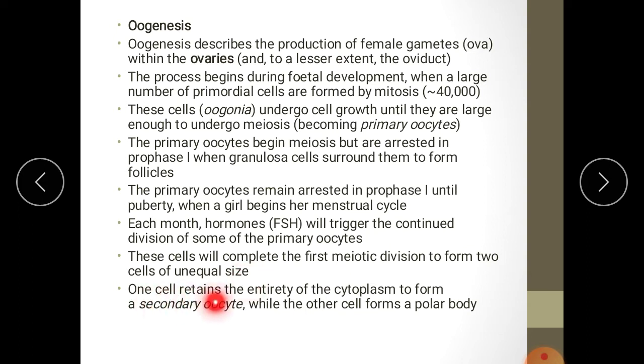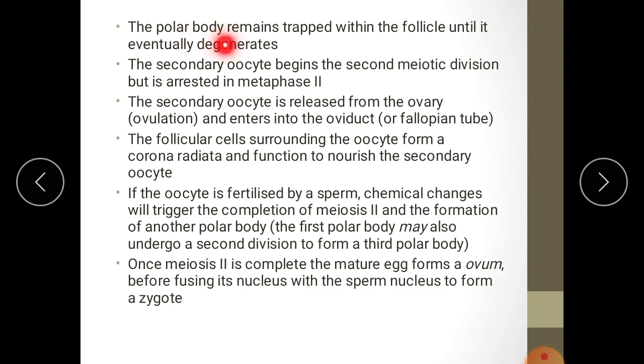One cell retains the entirety of the cytoplasm to form a secondary oocyte, while the other cell forms a polar body. The polar body remains trapped within the follicle until it eventually degenerates. All polar bodies are degenerated.